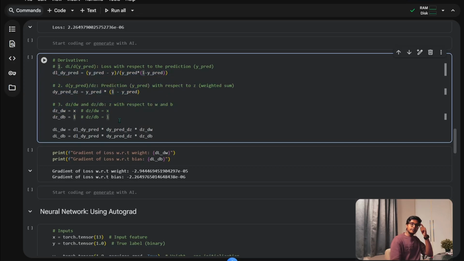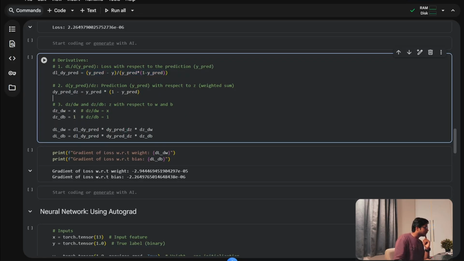So as you remember, I told that we have to calculate 4 gradients. So first we have to calculate this, which is a derivative of loss with respect to y hat. So this is the code for it. So it is y hat minus y divided by y hat times 1 minus y hat. And I've shown you how this came. So I guess this should not be a black box for you.